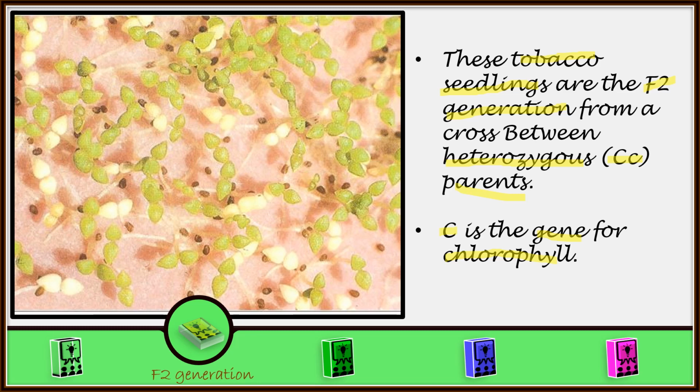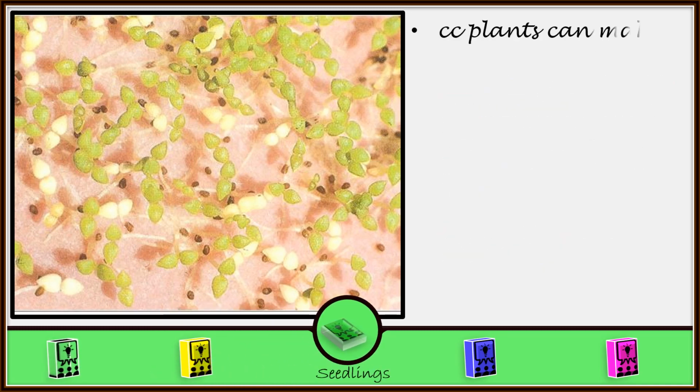And small c is an allele for no chlorophyll. So plants that are small c, small c can make no chlorophyll.